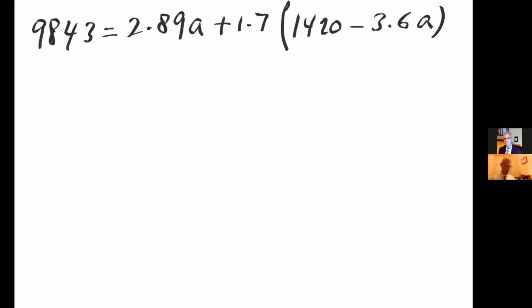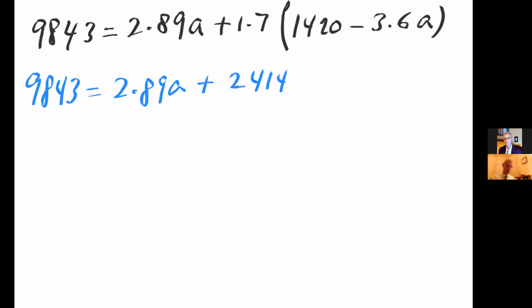All right, so let's distribute. So I get 9,843 equals 2.89a plus 1.7, and grab my calculator again, 1.7 times 1420 gives me 2,414 minus 1.7 times 3.6, and that is negative, so 6.12a.